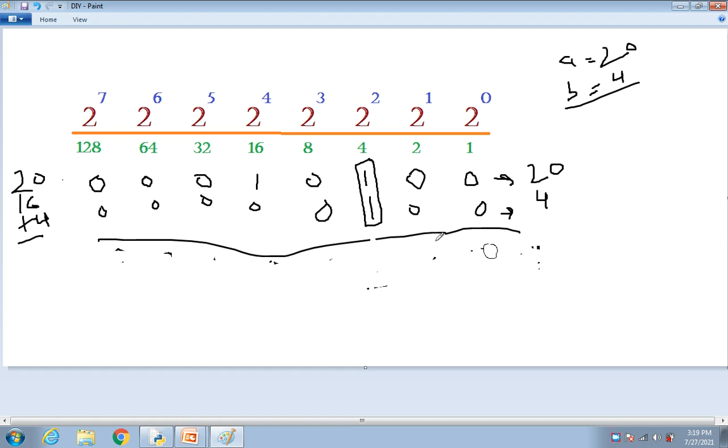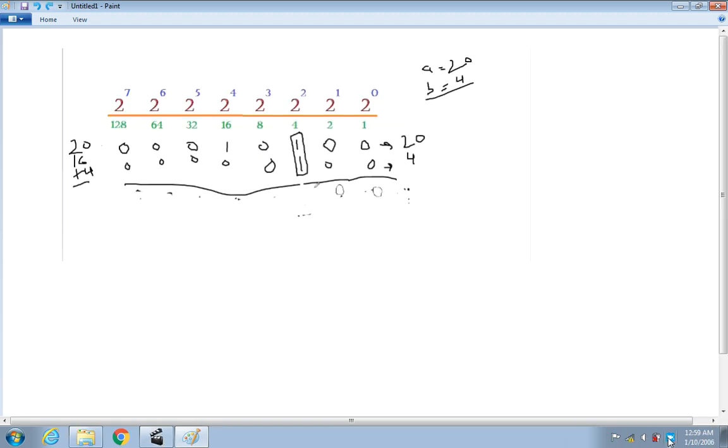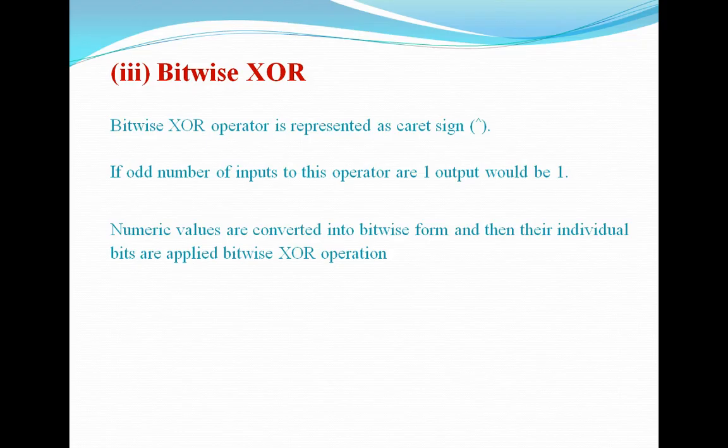That means I have to do this: 0 and 0 0, 0 and 0 0. Again I'll get 1. This is 0, this is 1, this is 0, this is again 0, and this is 0. This is your 20, so your answer is 20.